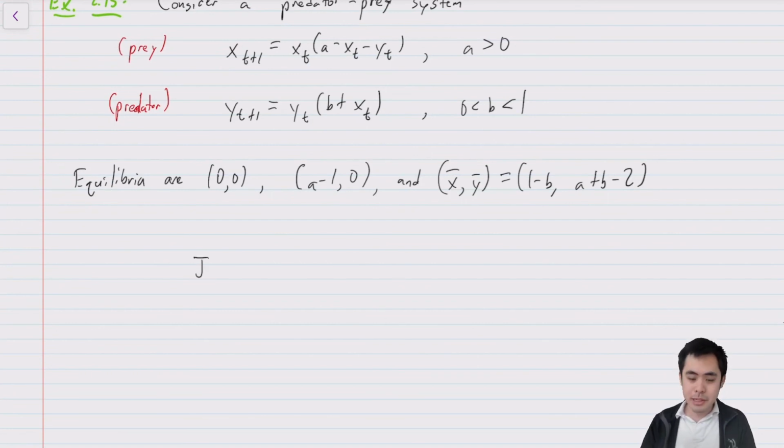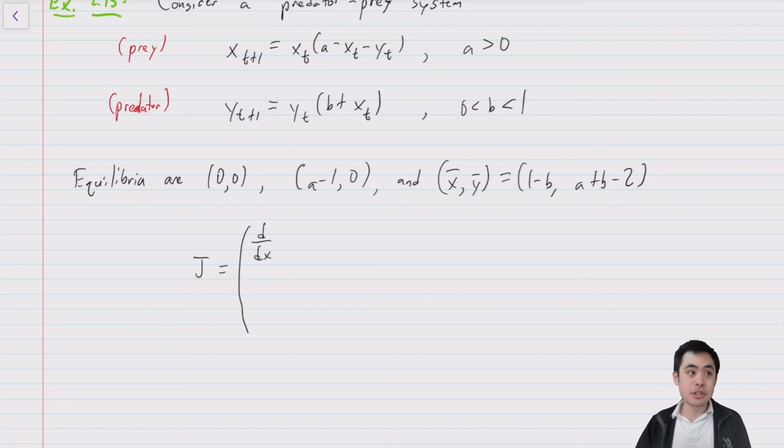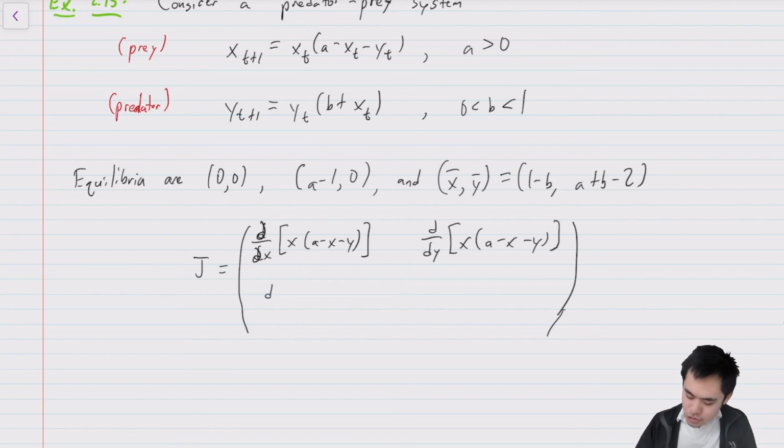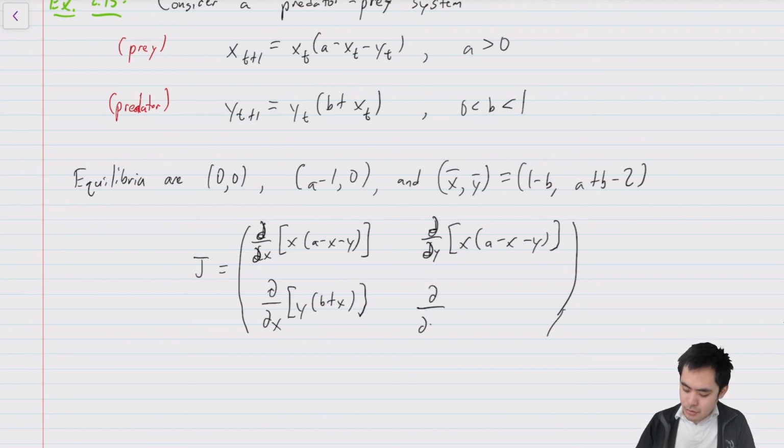Now, how do we get the Jacobian matrix? Well, the Jacobian matrix is equal to the partial derivative with respect to x of the first equation, so that's x times a minus x minus y, the partial derivative with respect to y of the first equation, and then the partial derivative with respect to x of the second equation, so that's y times b plus x, and the partial derivative with respect to y of the second equation.